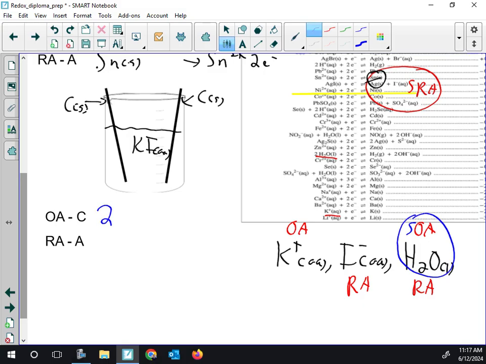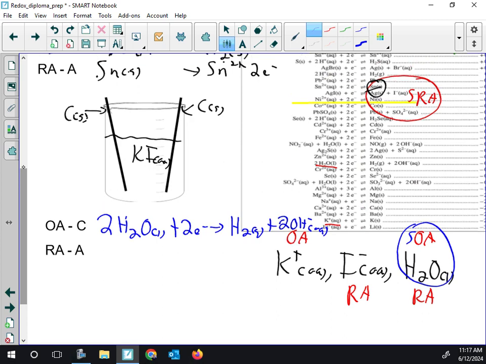So the SOA, which will occur at the cathode, is the 2 waters, the solvent, plus 2 electrons, going to hydrogen gas and 2 hydroxide ions. We're just grabbing that right from the table. In terms of reducing agents, we've got water, but it's RA water versus iodide.